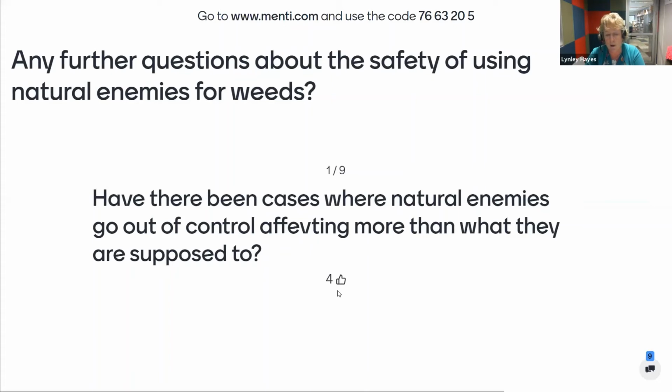And people have made poor choices in the past around introducing particularly the generalist natural enemies, the cane toads, the giant African snails, the myna birds, all those sorts of things that has given natural enemies a bad name, but we are not doing that type of work. The weed natural enemies is a very safe and successful process.